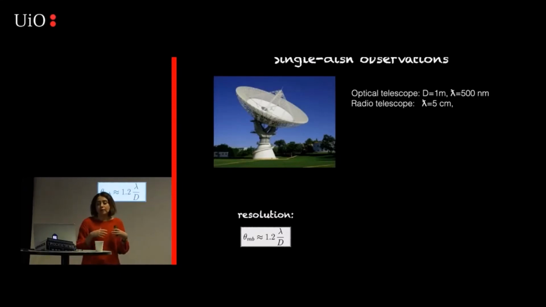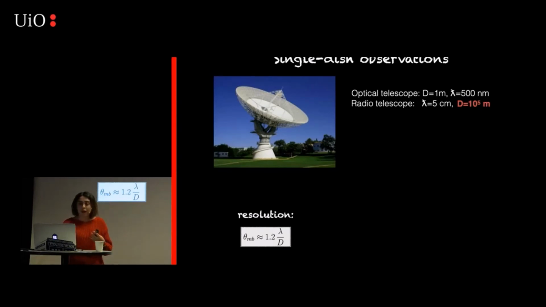If our optical telescope has a diameter of only 1 meter, and we observe a wave at 500 nanometers, and we want to get the same resolution in radio, observing radiation with a wavelength of 5 centimeters, then putting these numbers in this simple formula tells us that we need a radio telescope with a diameter of 10,000 meters, which is impossible to build from an engineering point of view and from an economical point of view. So what should we do to increase the resolution of observations?